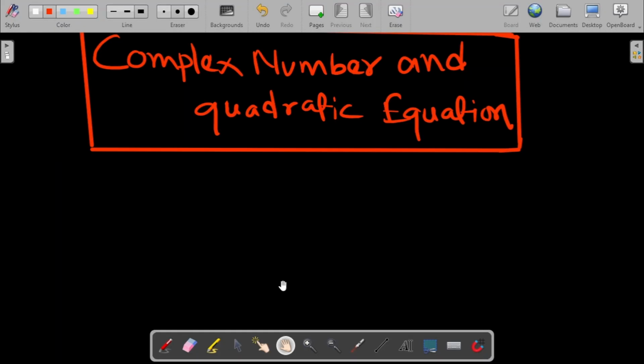So in earlier classes, we have studied linear equations in one variable and two variables and quadratic equations in one variable.